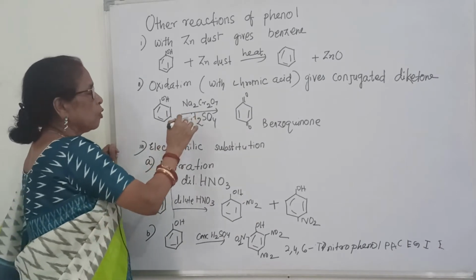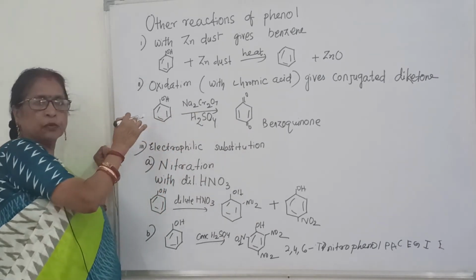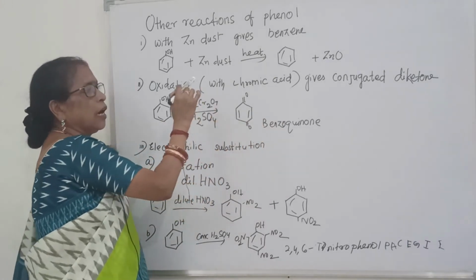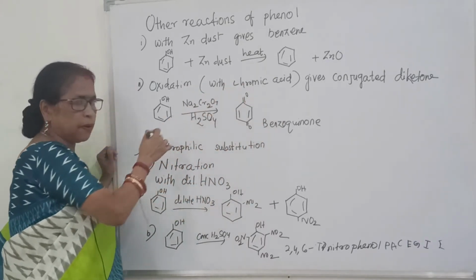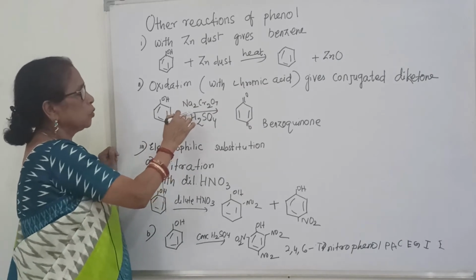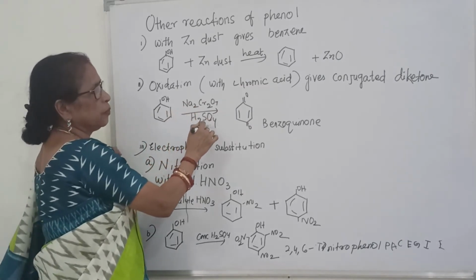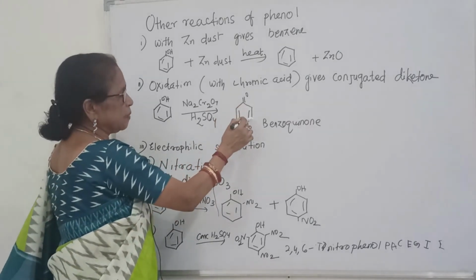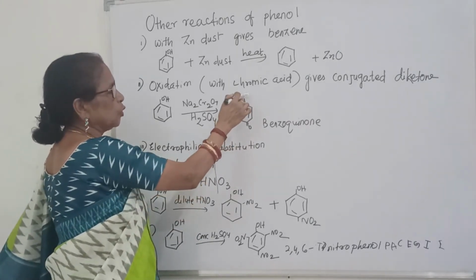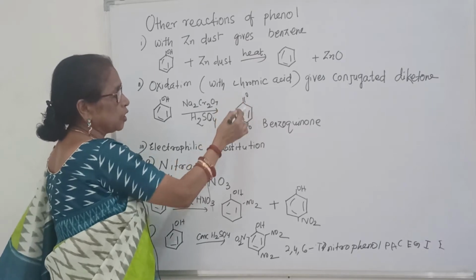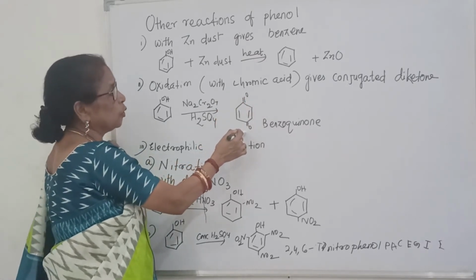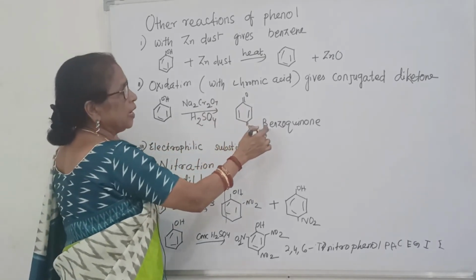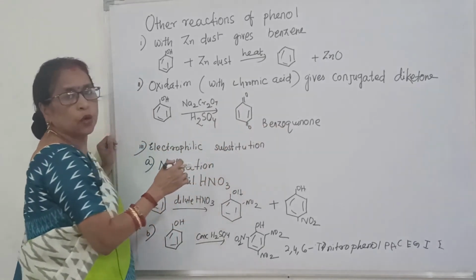What is benzoquinone? Now you see there is a benzene ring, there is a keto group on this side, at the 1 position, and at the 4 position also there is a keto group, and there are alternate double bonds. That is why it is called benzoquinone.